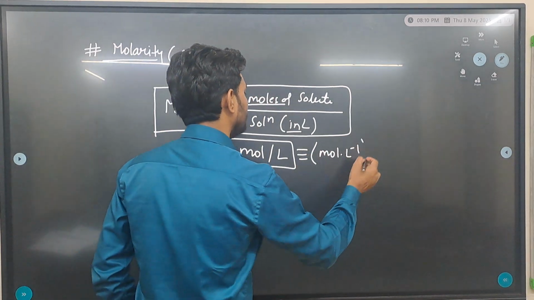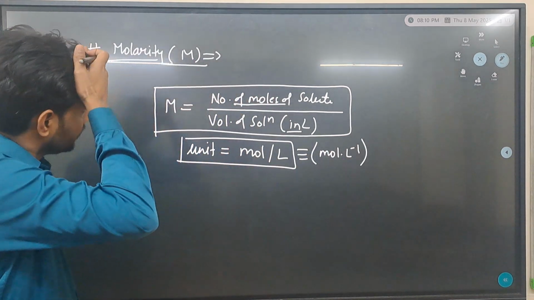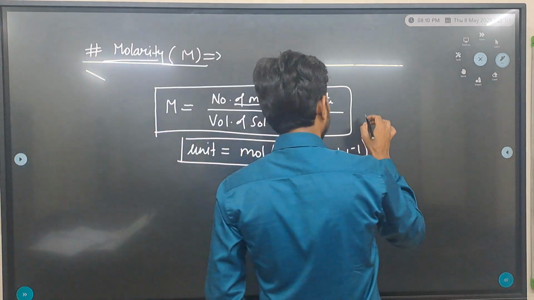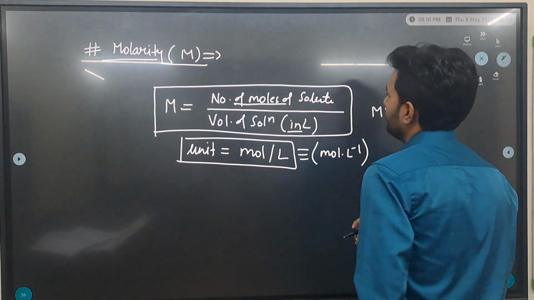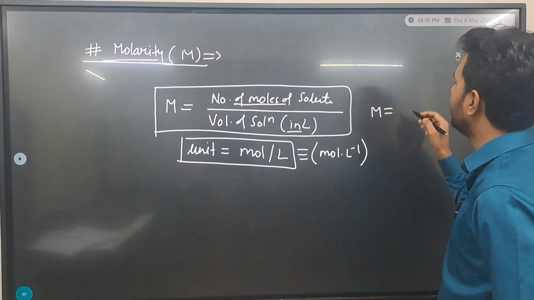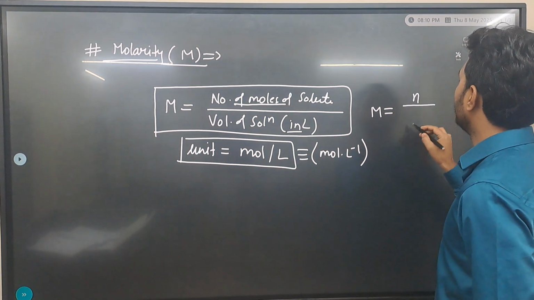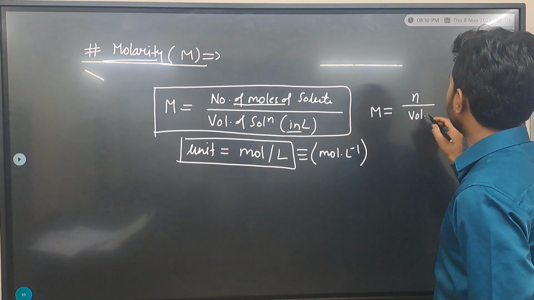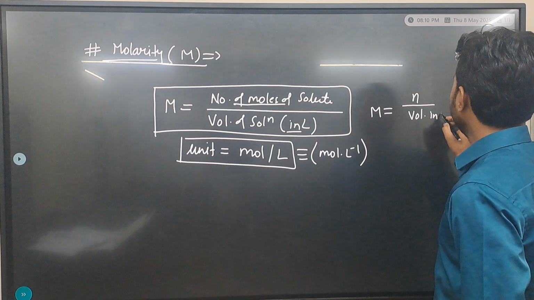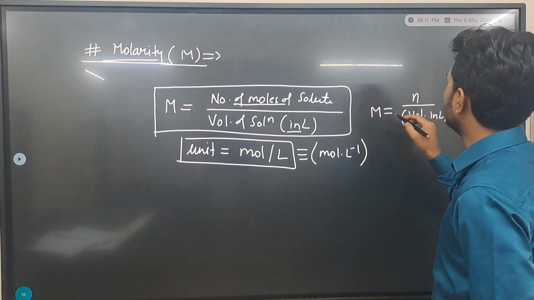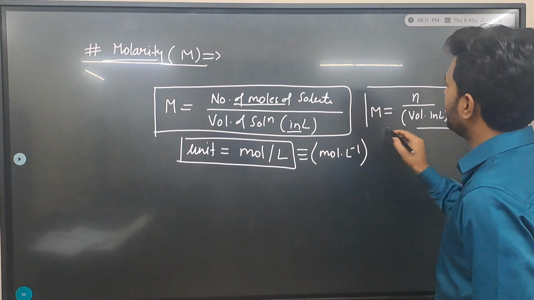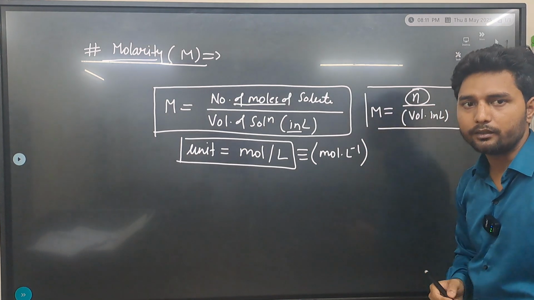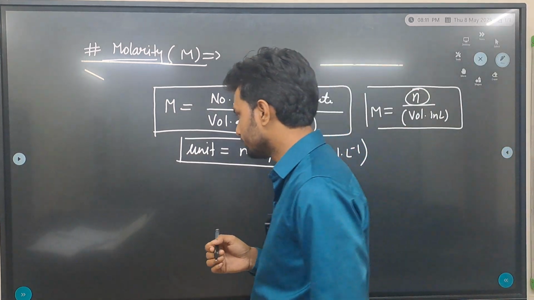So you can write this formula in shortest form: M, meaning molarity, is equal to number of moles divided by volume of solution in liter, where the number of moles is denoted by small n.